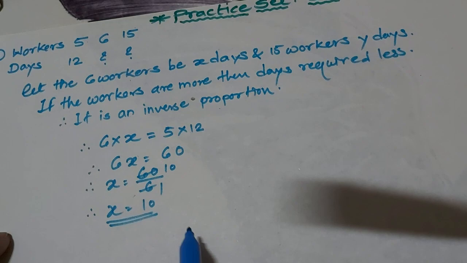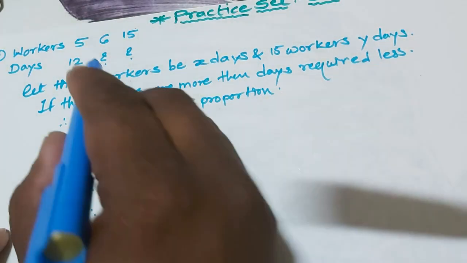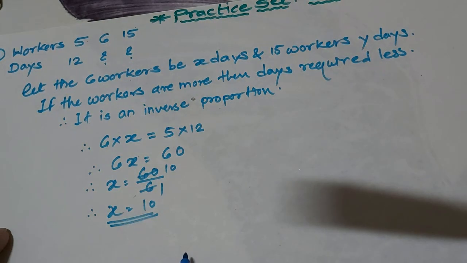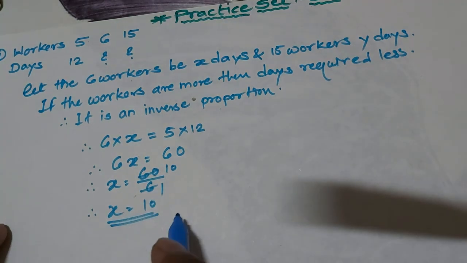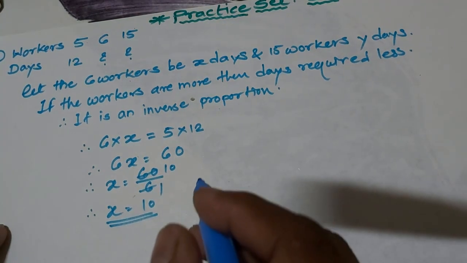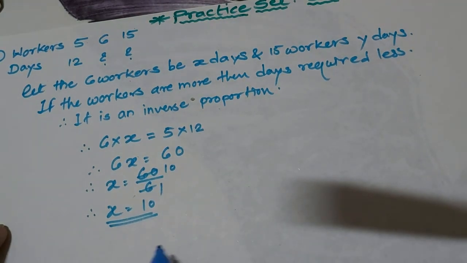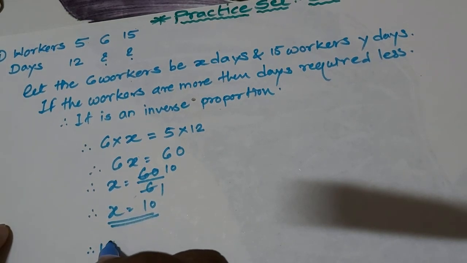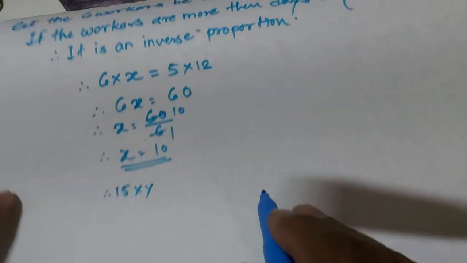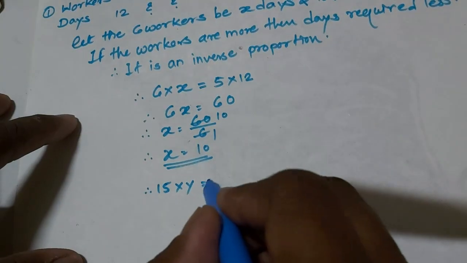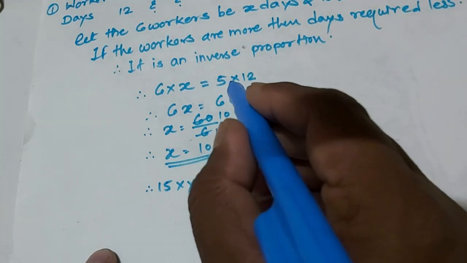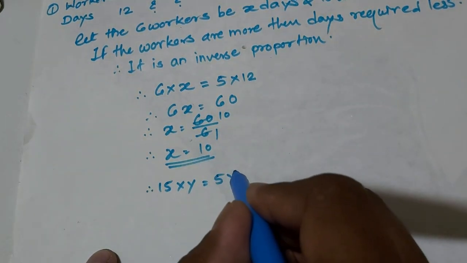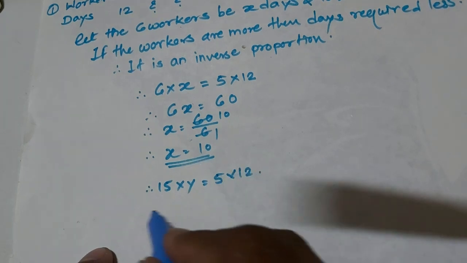Now we'll find the second one, that is 15. Again the same way we write: therefore 15 multiplied by y is equal to, again, 5 multiplied by 12.